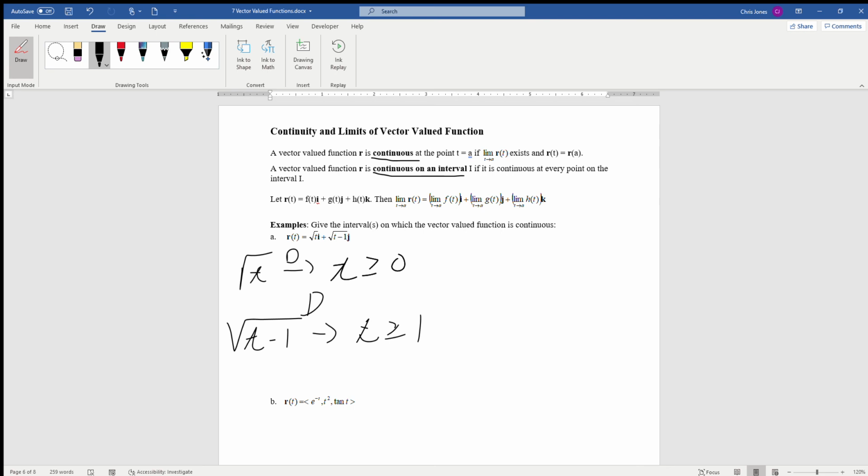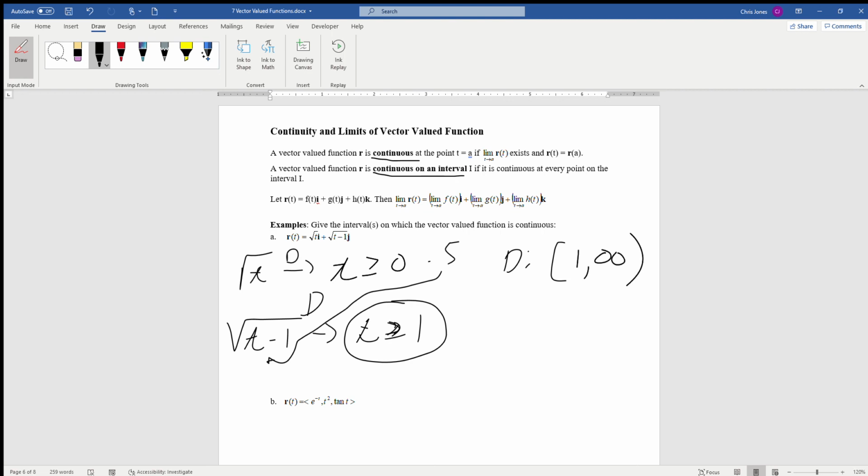Now, if we sandwich these together, the only one that really matters is t is greater than or equal to 1, because there are some numbers, for instance, 0.5, that if you were to plug that back in for t, would not fit into the domain. In other words, it wouldn't be valid. So the domain for this function is going to be bracket 1 to infinity. We use the bracket again just because we're including the 1.